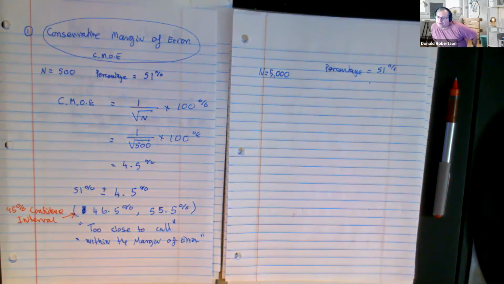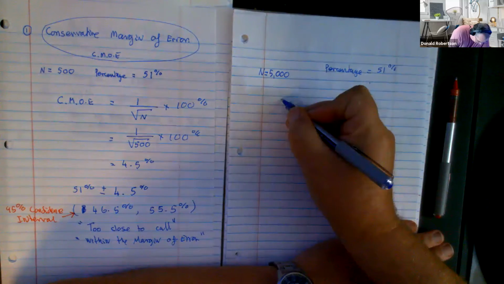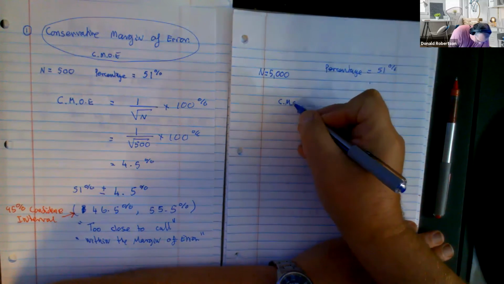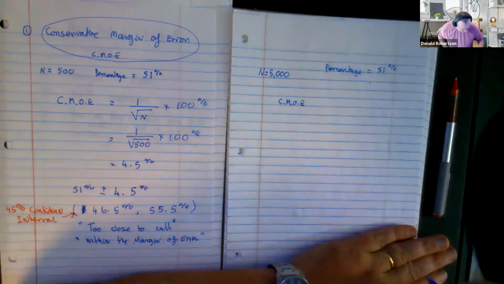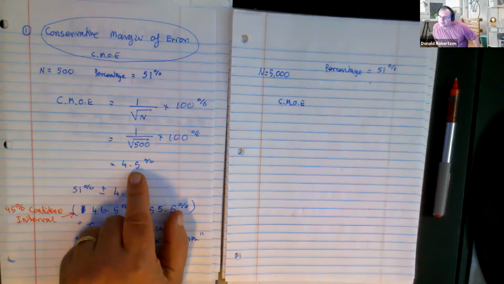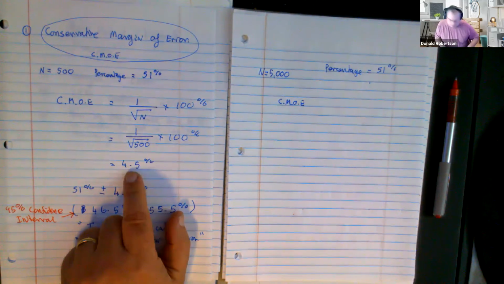Do you think you should be right or closer to being right more often than wrong? Would that seem reasonable? Yeah, and it is. So let's see what the conservative margin of error should be. Well, if you're more accurate, shouldn't this number be smaller? Think of this as being your error band, right?